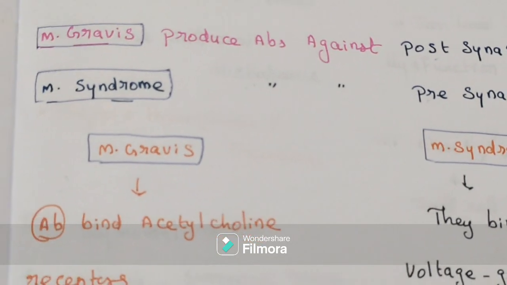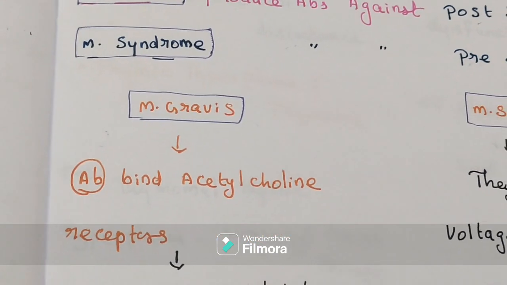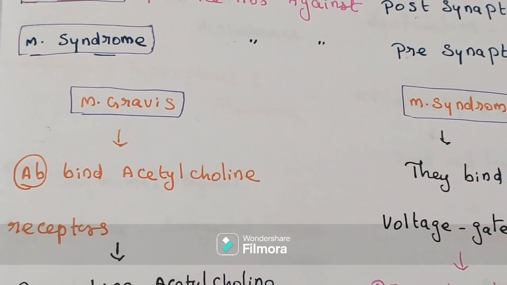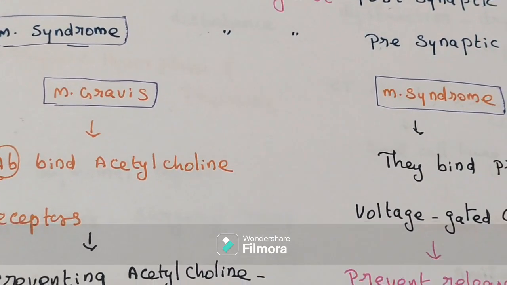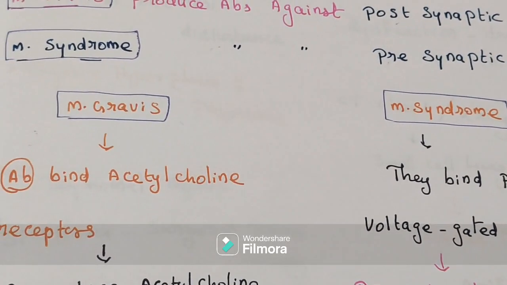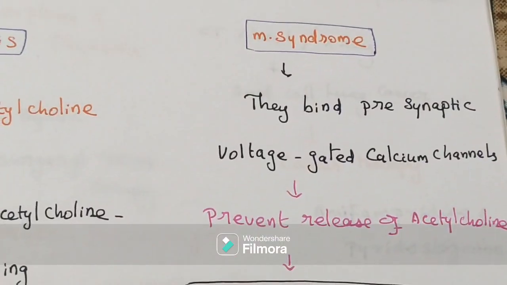So the antibody produced in Myasthenia gravis binds the acetylcholine receptor, preventing acetylcholine from binding to its receptor and triggering muscle contraction.